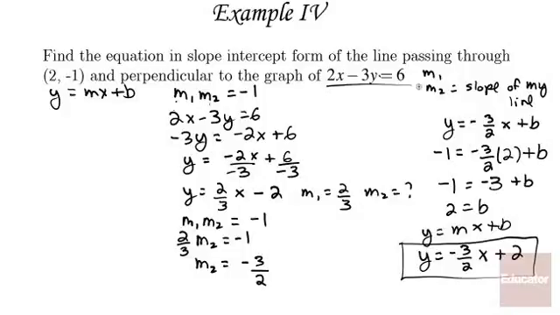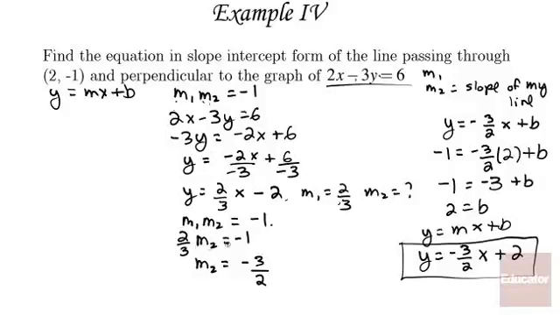Again, we approach this by realizing that the slope of the line we're looking for is related to the perpendicular line by the equation m1 times m2. The product of the slopes of the perpendicular line equals negative 1. So then I went about looking for the slope of this line. Rewriting it in slope-intercept form gave me y equals 2/3 x minus 2. So I know that this slope is 2/3. Once I have this slope, I can find my slope. m1 times m2 equals negative 1.